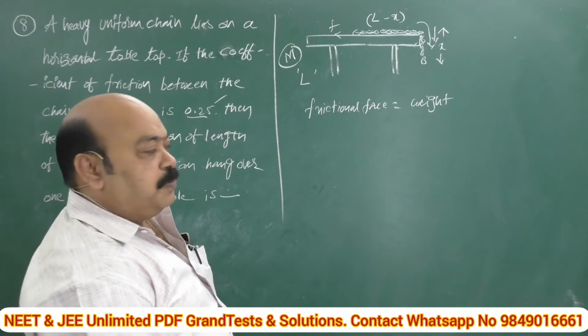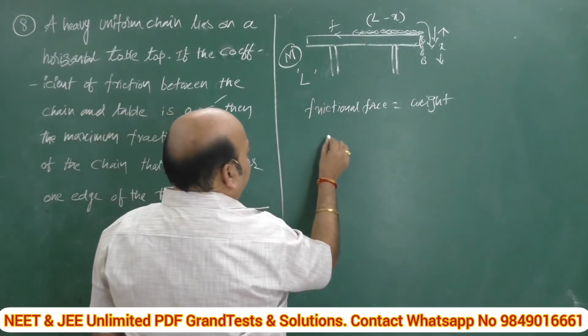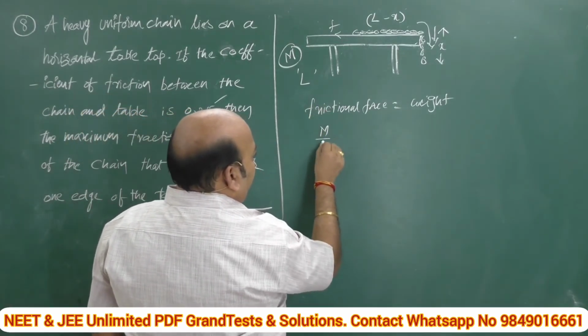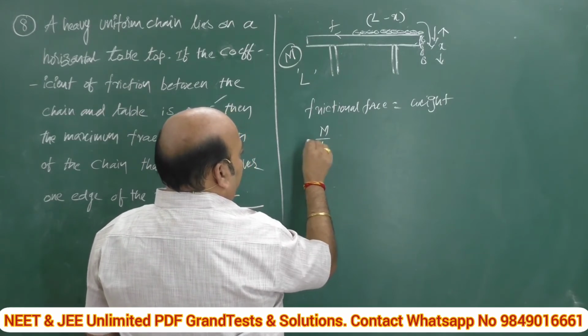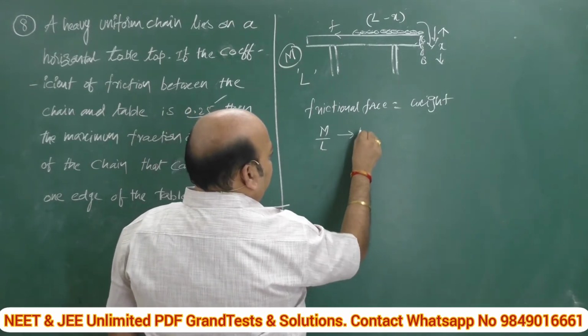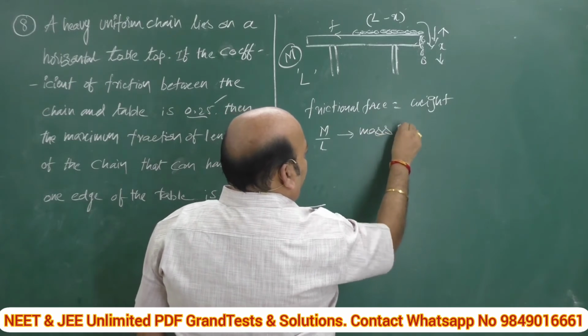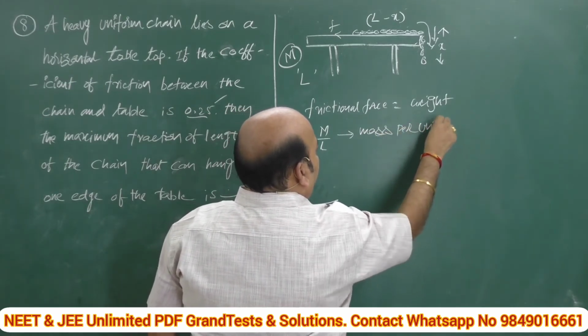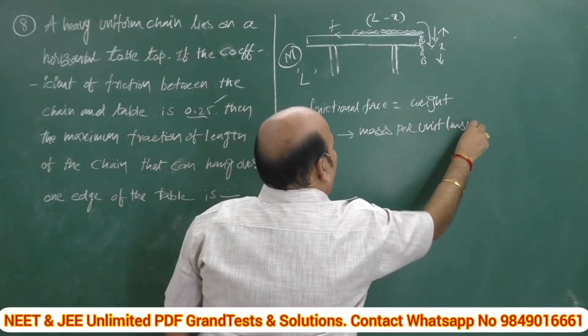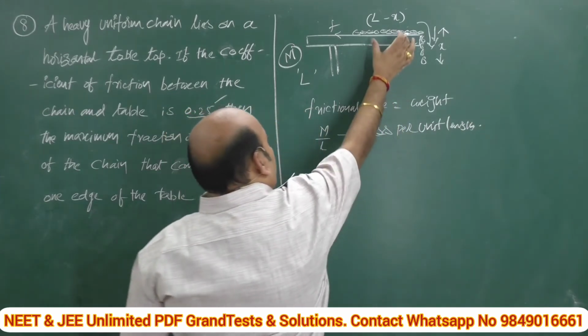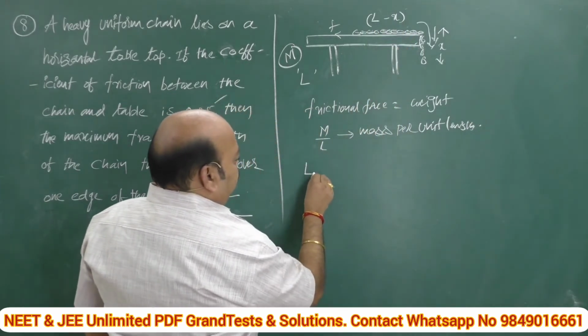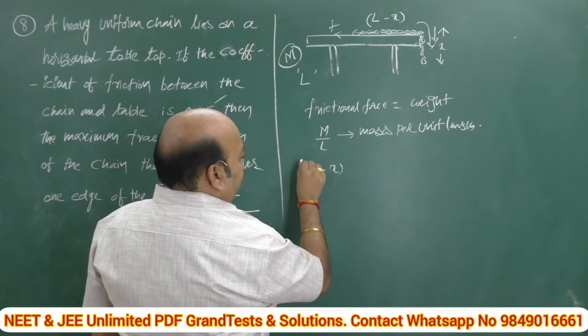What is the mass per unit length? It is nothing but M by L. This is called mass per unit length. On the table, what part is here? Capital L minus x is there.